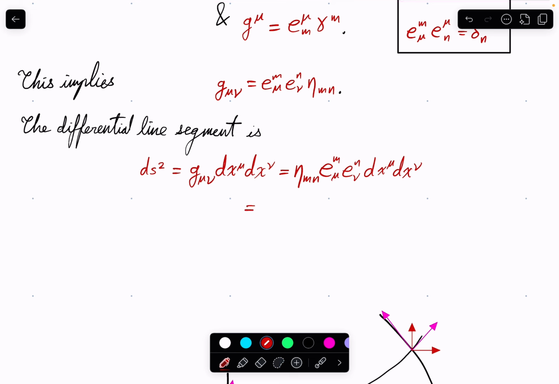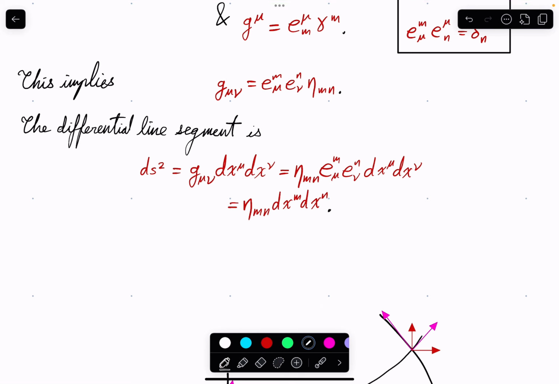Then we can sum over these indices, mu and nu, and we get eta_mn dx^m dx^n.